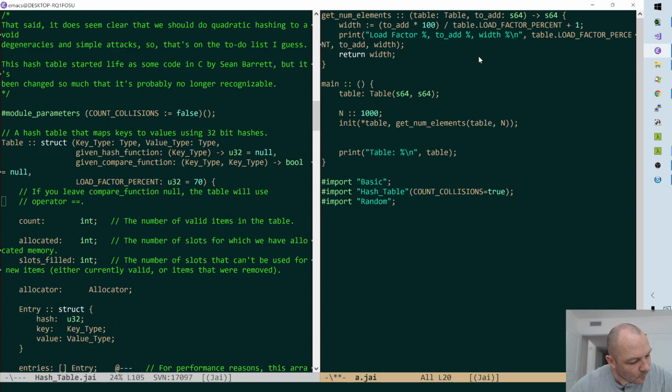So, hash tables. Like I was saying, we're sort of letting the table pick the nearest power of 2 size, and then we'll do the inverse. To add, this is kind of silly, but I'm not really sure what to do.